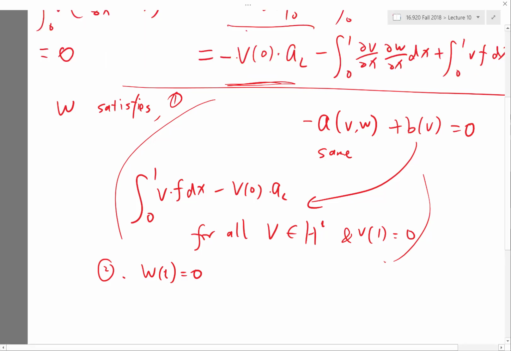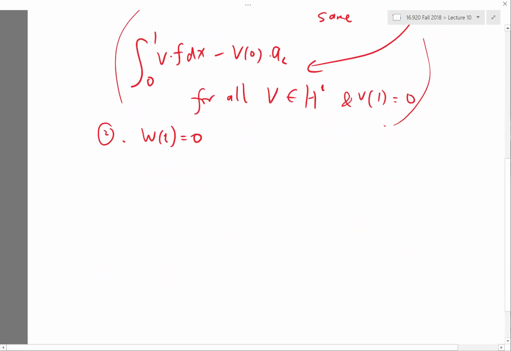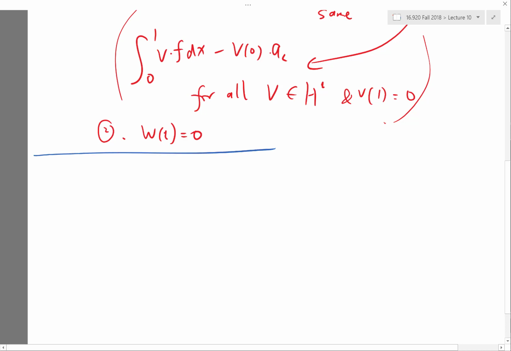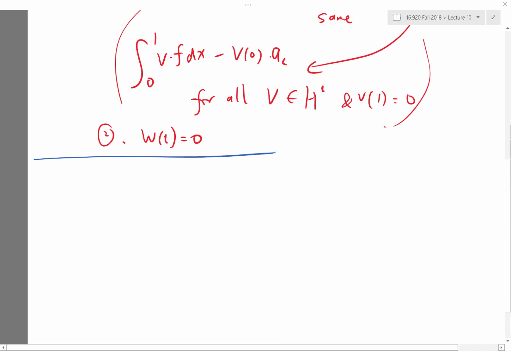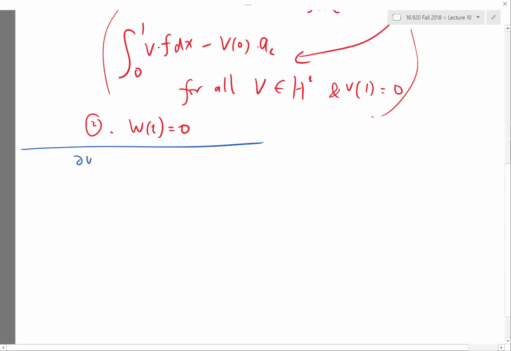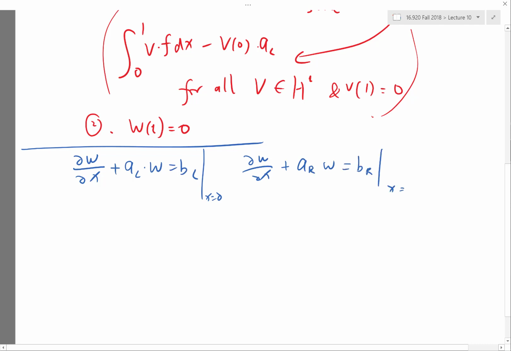Let me give another example of a natural boundary condition. Let's actually, for both cases, set this mixed boundary condition: dw/dx plus AL times w equal to BL at x equal to 0, and AR times w plus dw/dx equal to BR at x equal to 1.